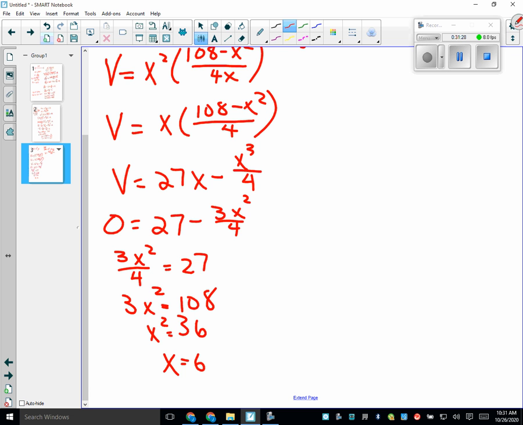So my dimensions are 6 inches by 6 inches by, what is y? 3 inches? Plug it back into the surface area. By 3 inches. Right?